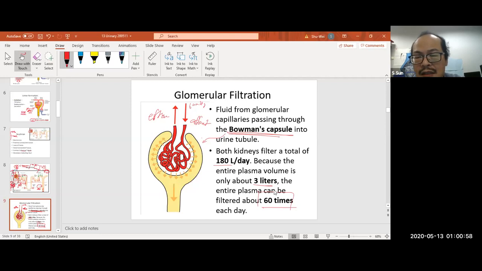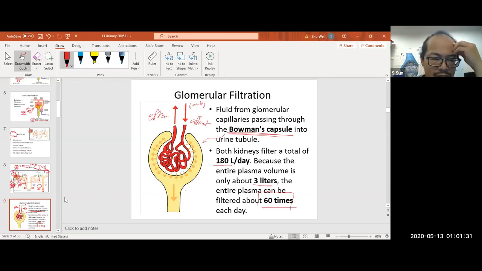Everything toxic, not just toxic, all metabolic waste products will be filtered through here. By doing so, we have the risk, because everything's small, including glucose and amino acid, that we lose those. So this filtration doesn't care. It just filters everything through. And the job of this nephron is to keep the important things back.